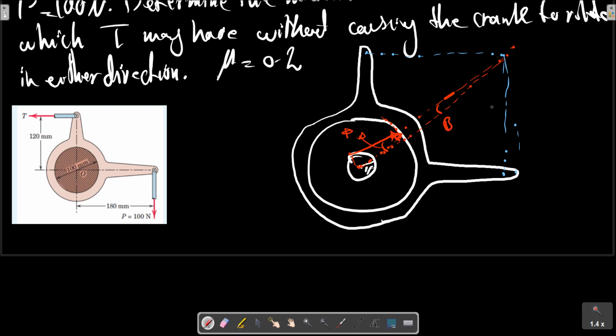Beta is here. Phi is tangent inverse mu.